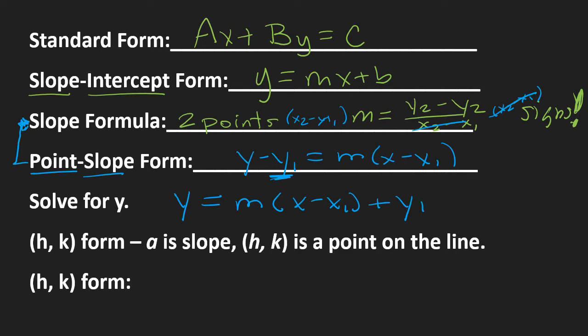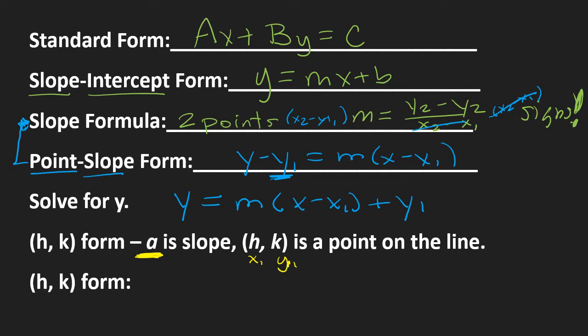What we're going to do is take the slope out and replace it with the variable a, which we think of as a vertical stretch or a vertical compression. And we're going to take x1, y1, sorry about that, x1, y1, and replace it with h, k.